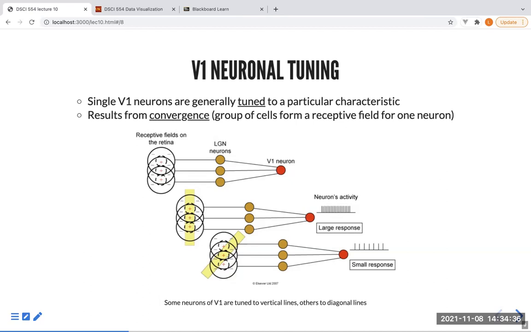And when we think in terms of how a given neuron is tuned to a given stimulus, this is what we refer to as neuronal tuning, meaning that this neuron is tuned to look at receptive fields that are going to give an important response only for vertical lines, through the convergence process.